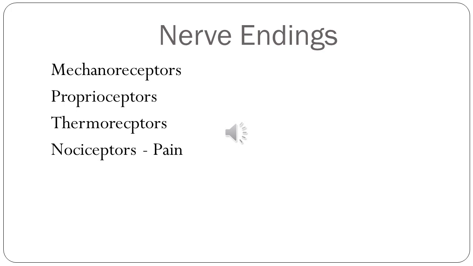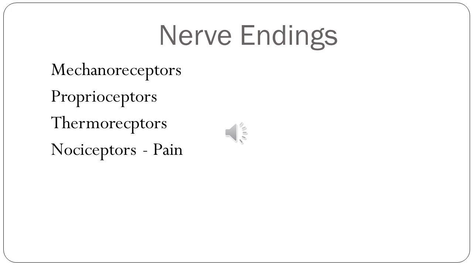Now, an interesting thing with the thermoreceptors: they are only responsible for warmth to a certain point, because once warmth goes so far, it basically causes pain with a burn. So when something burns you, it's at that point that the temperature is no longer carried via thermoreceptors.